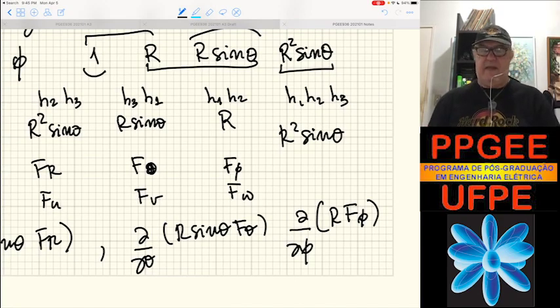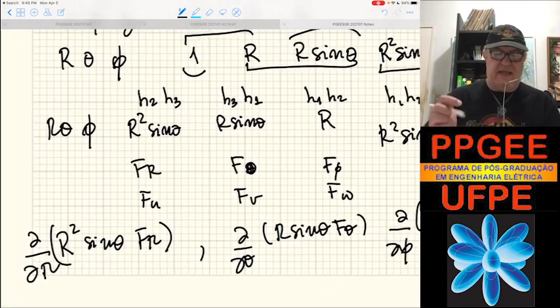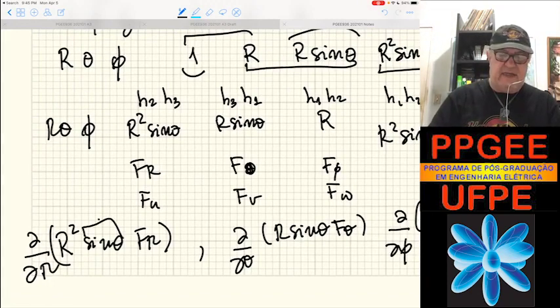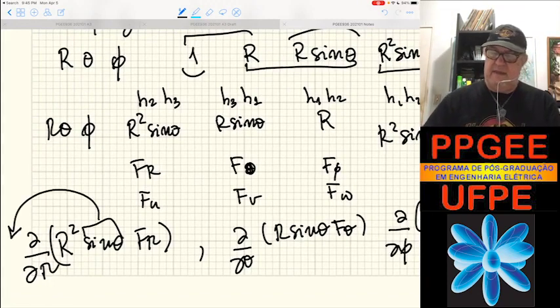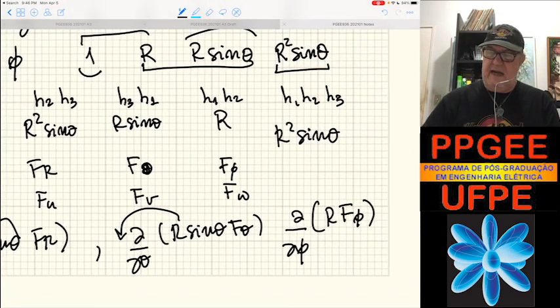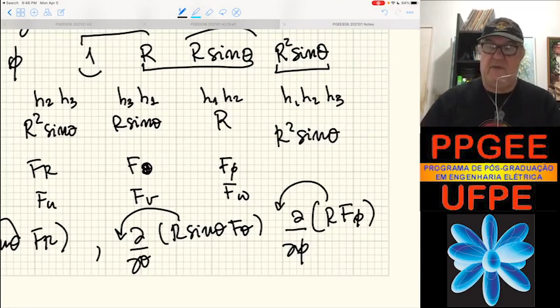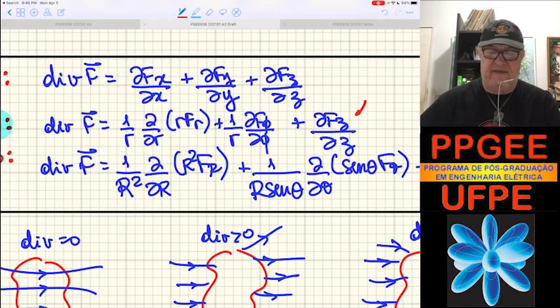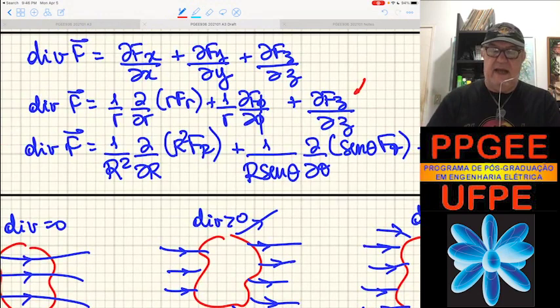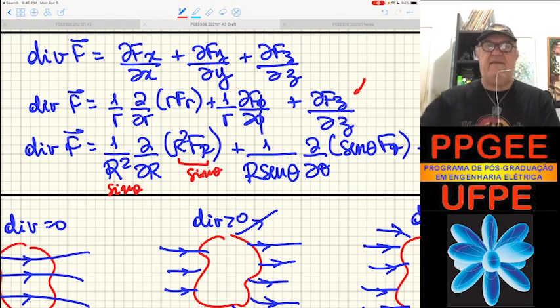Right? So recall that when you do that derivative, the sine theta here is going to come out. The R is going to come out here. And the R is going to come out there. Okay? So that's why we have this final expression here. R squared sine theta cancels out with the sine theta which was here. Right? Have a cancellation.